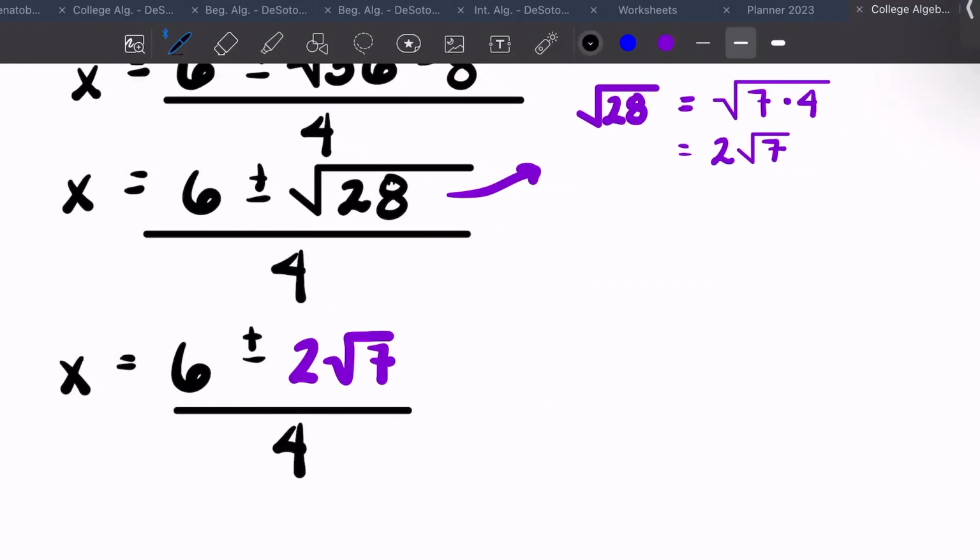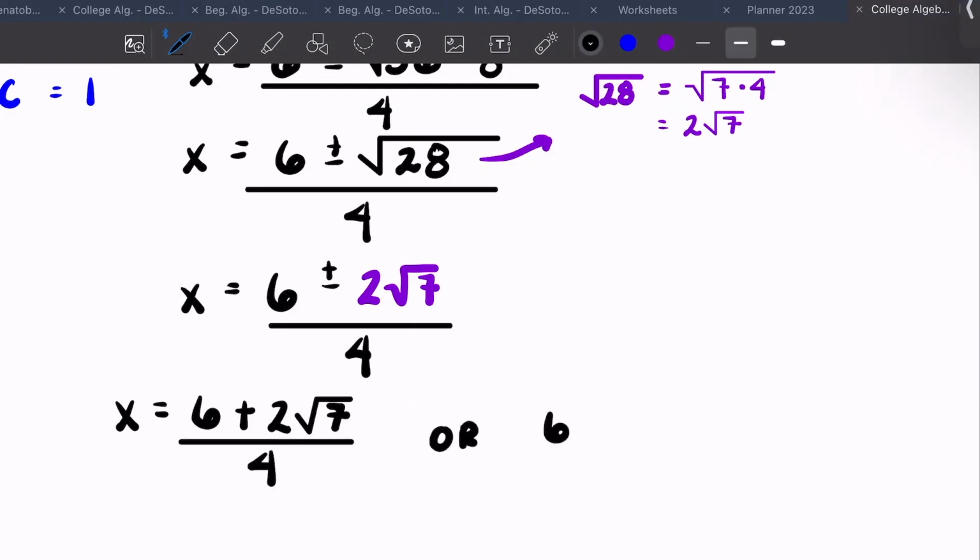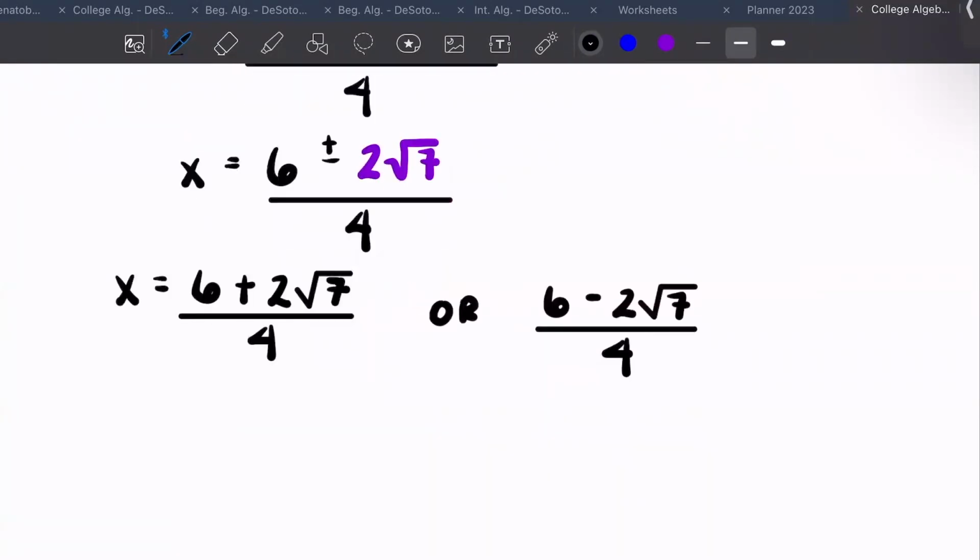So we have x equals 6 plus 2 on the square root of 7 over 4, or 6 minus 2 on the square root of 7 over 4. Okay, so we had plus or minus just like we did on our square root method. And so we split it up with plus and minus.